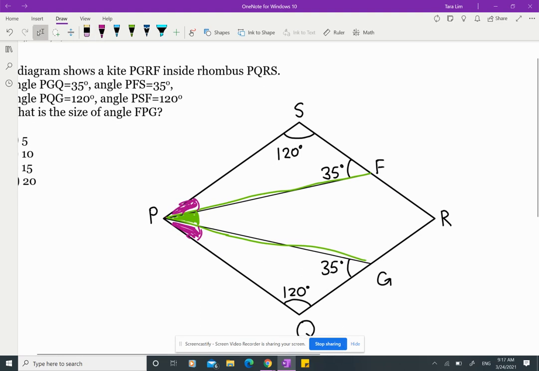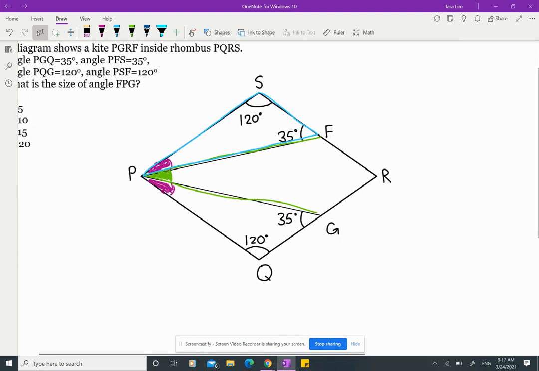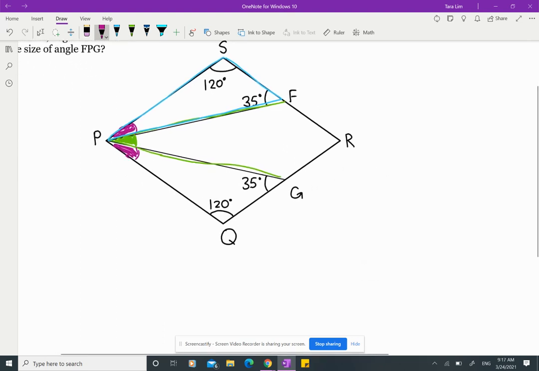So first of all, let's just concentrate on one of the triangles here. Every time we see a triangle, all the angles will add up to 180 degrees.